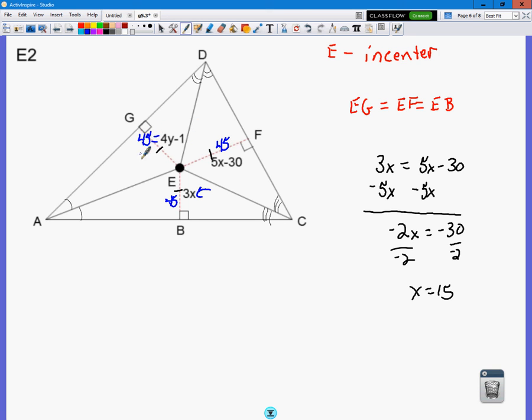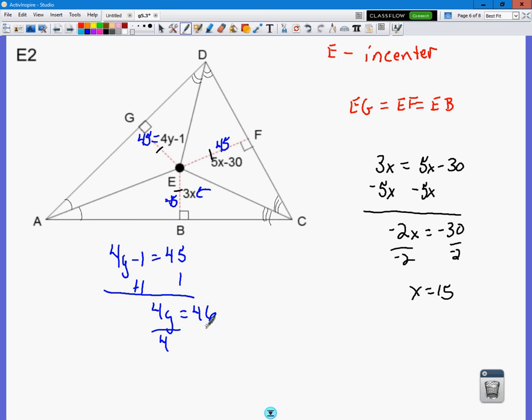And there is my other equation. 4y minus 1 is equal to 45. If I add 1 to both sides, 4y is equal to 46.